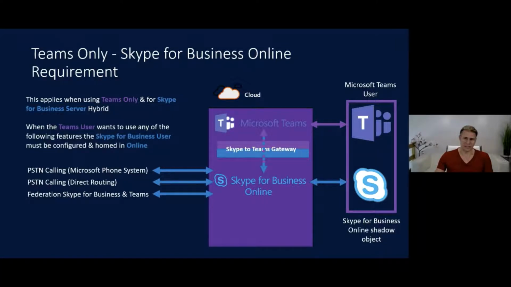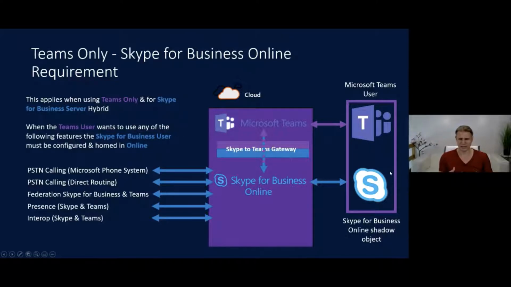When we're doing federation, whether it's with Skype or with Teams, you do need this object there as well, for presence and for interop with Skype and Teams. So you see there are a lot of reasons why we still need this Skype for Business object, and it's really important for us to understand what all the signals going back and forth are.